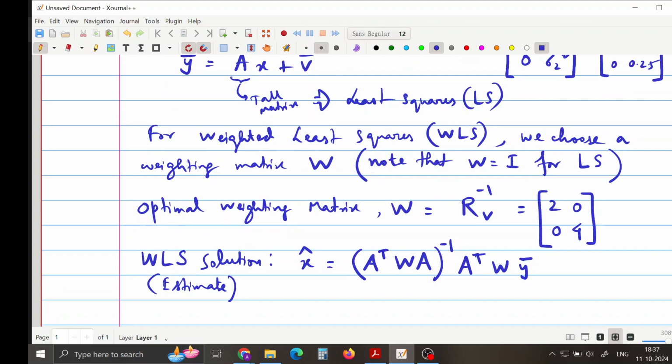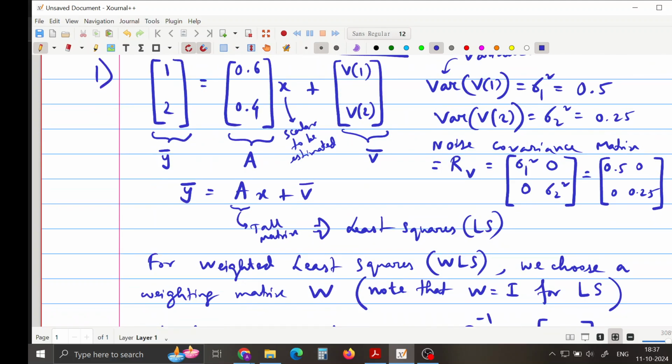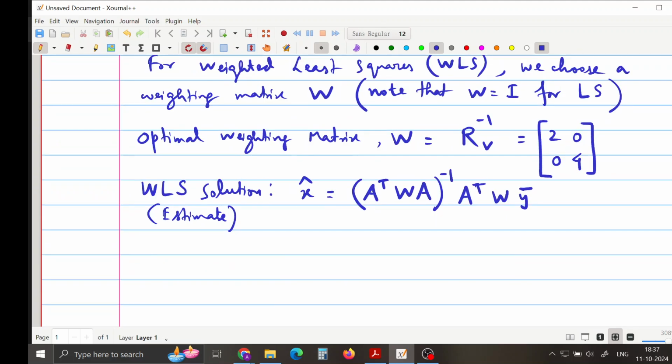The original model was y bar equals AX plus V bar. So the estimate of x, denoted by x hat, the weighted least squares estimate, is given by this. And you see that this W, the weighting matrix, is sitting here, right?